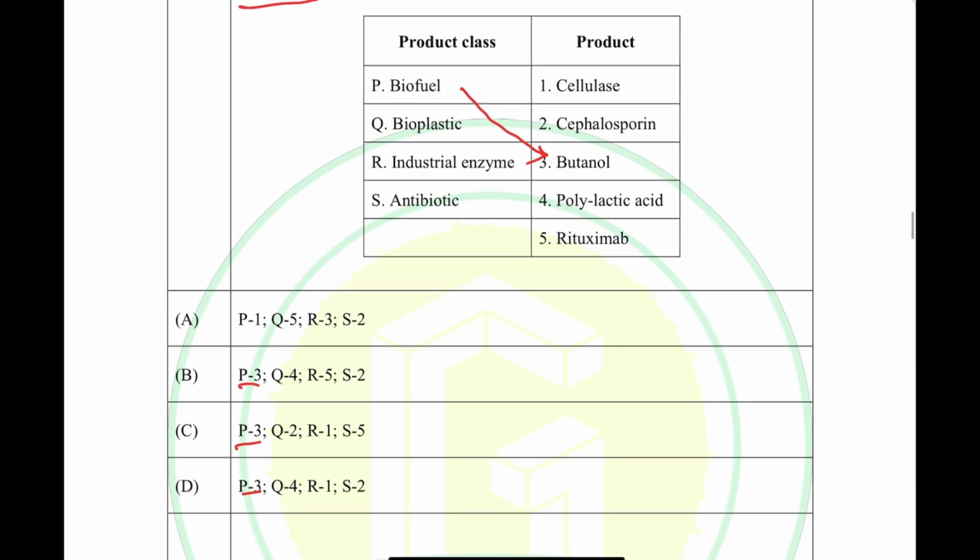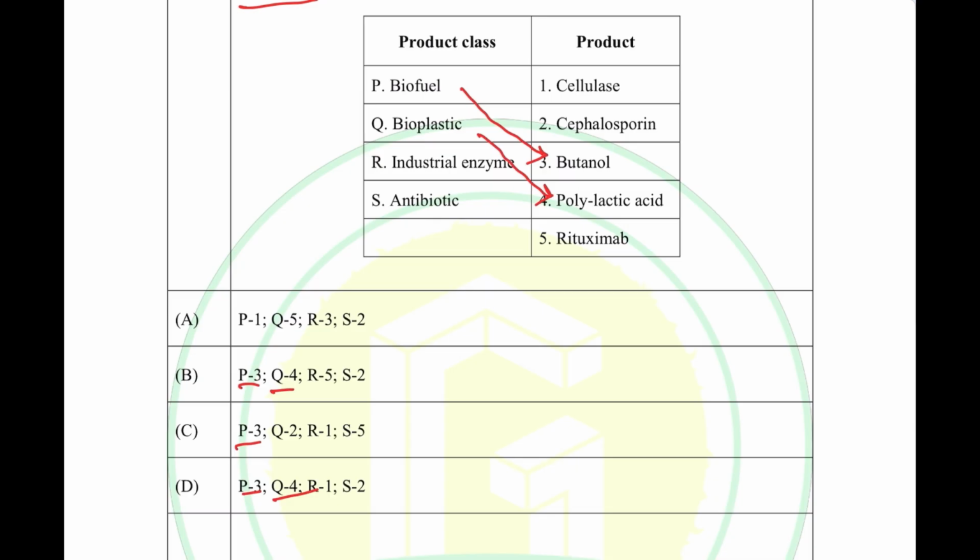And next we go to bioplastic. Polylactic acid is a standard bioplastic polymer. It's very simple, Q4. And again, cellulase is an industrially used enzyme in biofuels, textiles, and more.